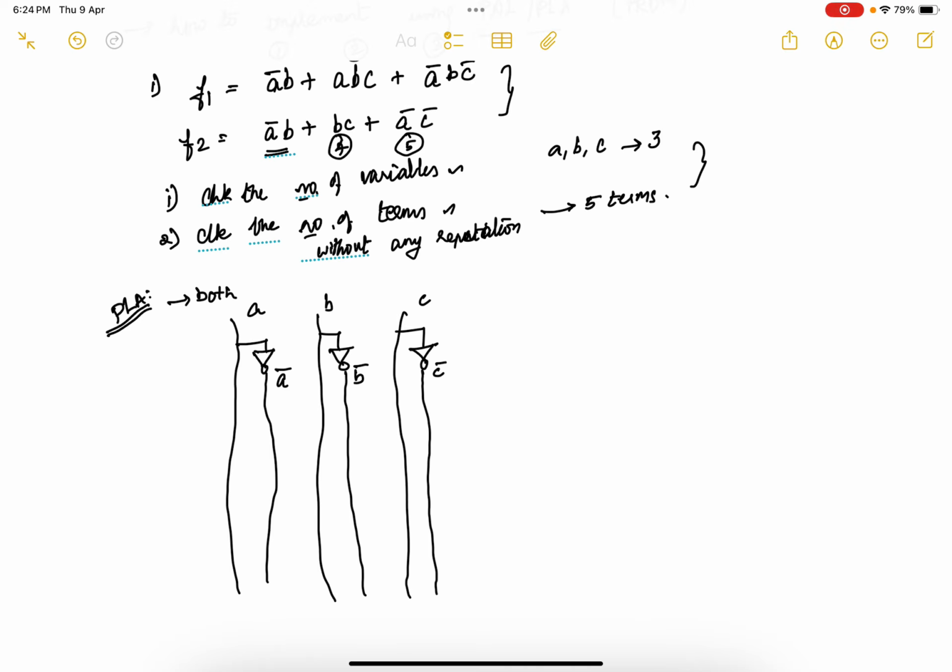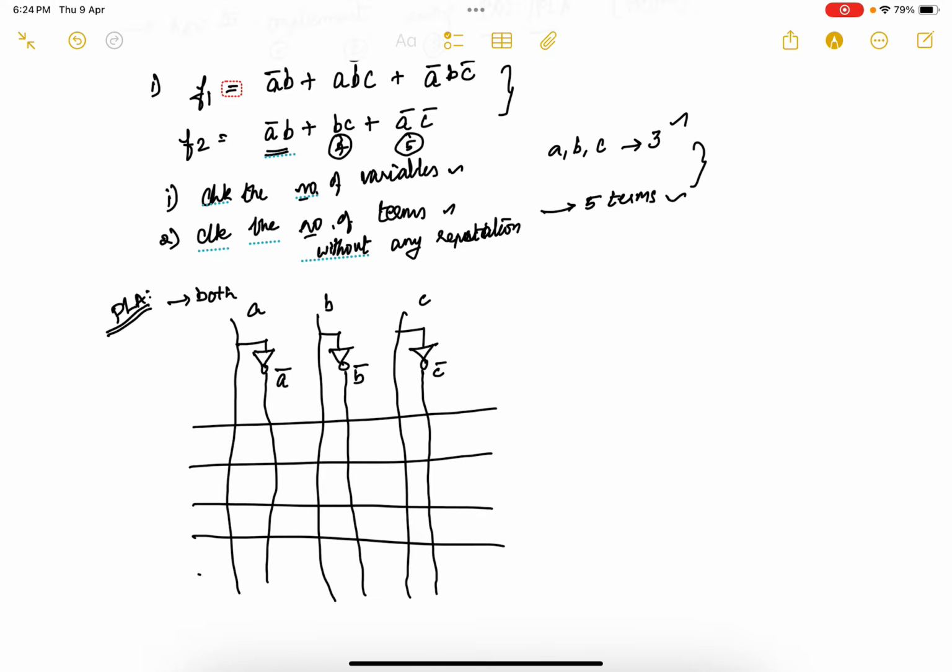Now this part, the number of variables, is over. The next thing is the number of terms. Totally there are 5 terms. So if there are 5 terms, you want to draw 5 horizontal lines: 1, 2, 3, 4, 5.